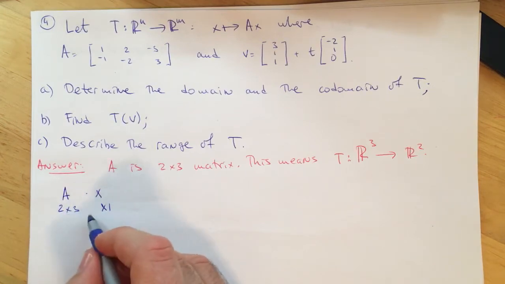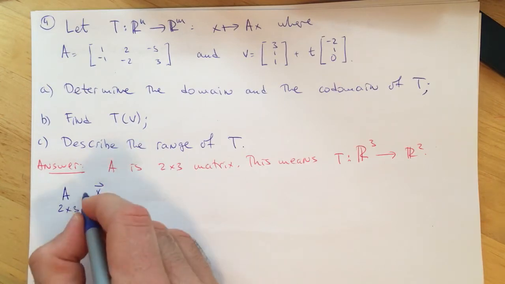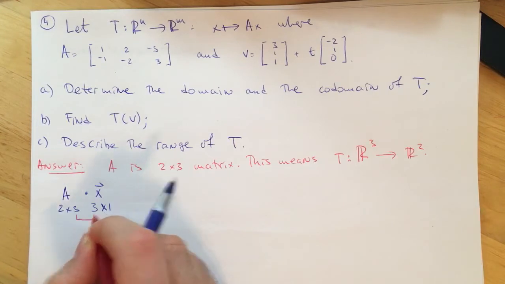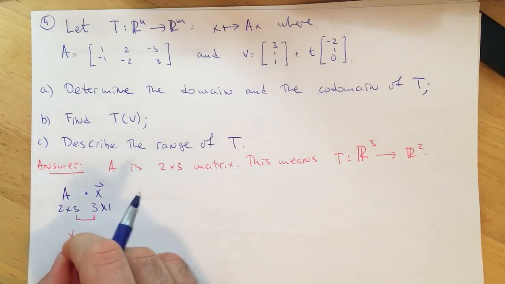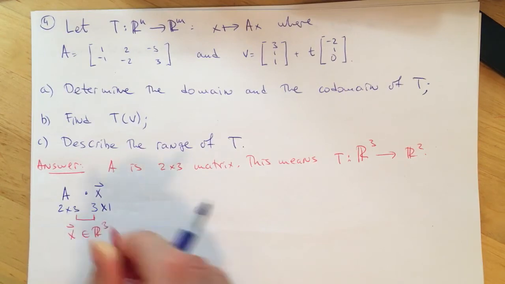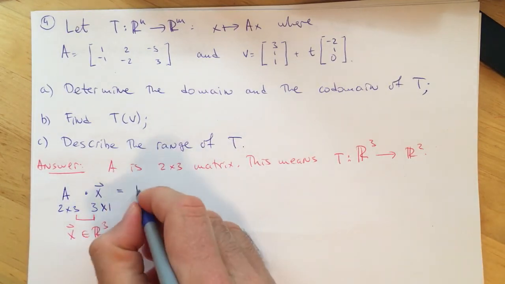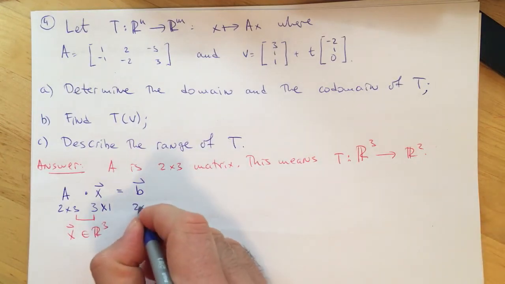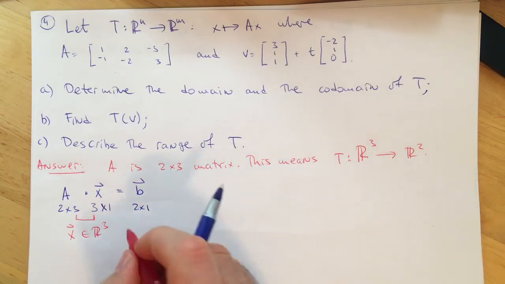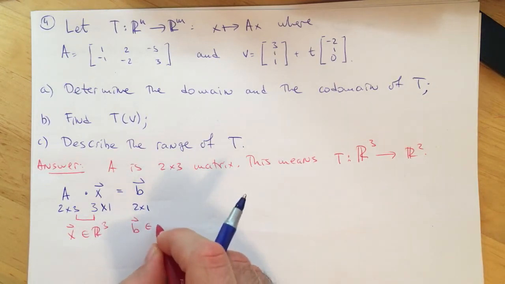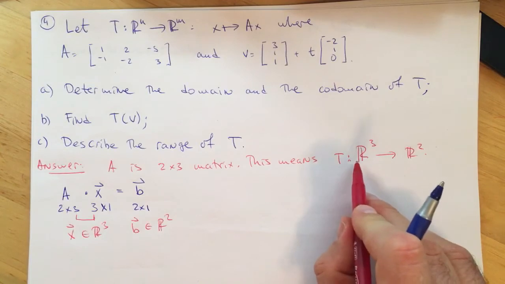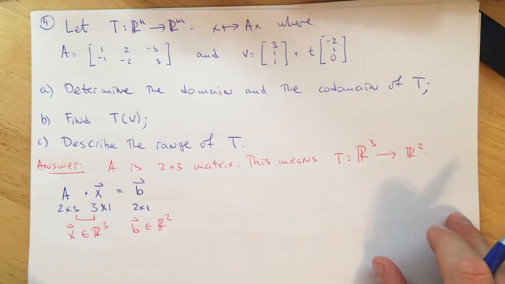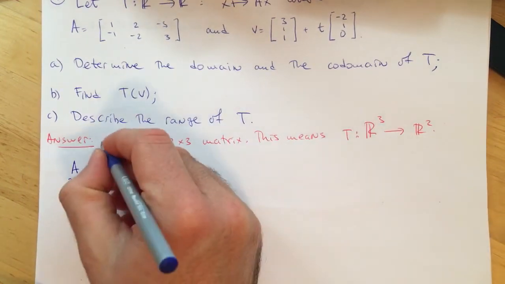In order for this multiplication to be defined, these two numbers have to be the same. So obviously x belongs to R3, and when this product is defined, we get a vector b whose size is 2 by 1, and obviously b belongs to R2. That's why the domain is R3 and the codomain is R2. So that's question A.